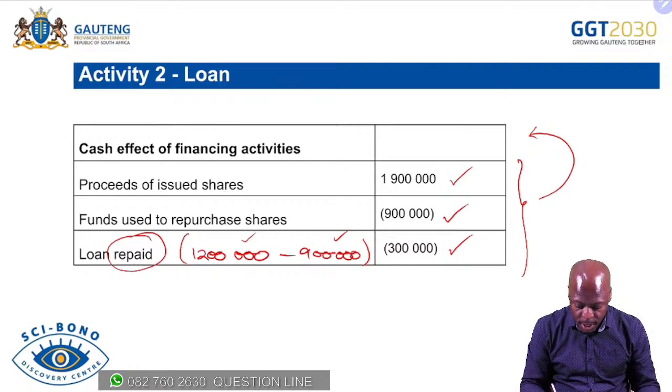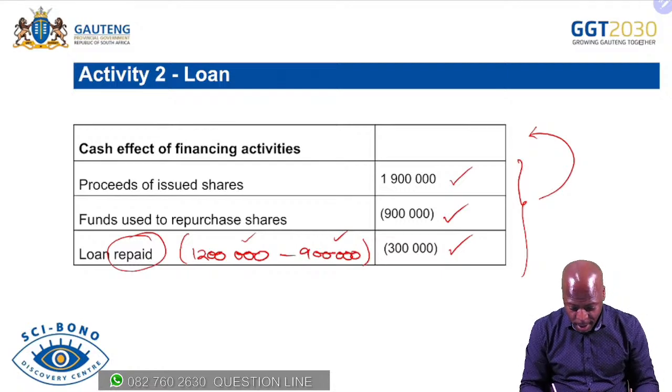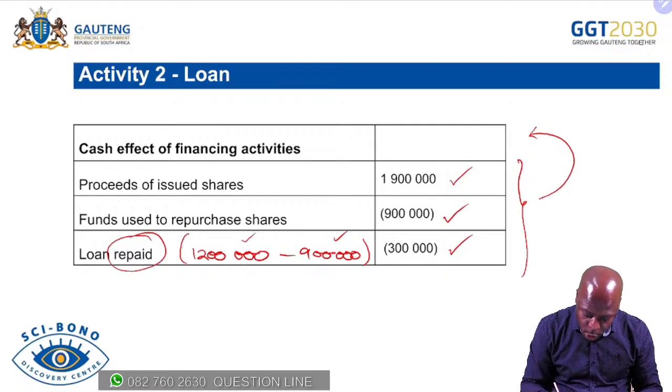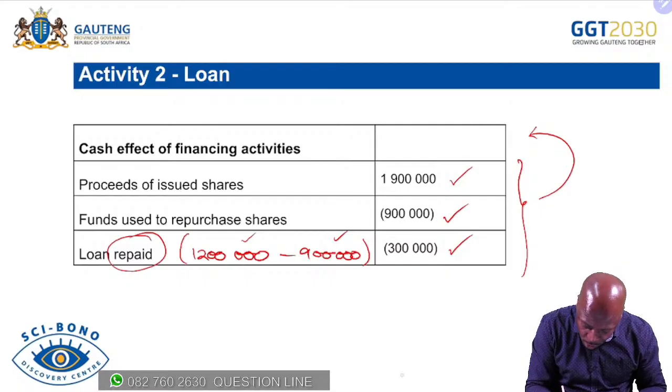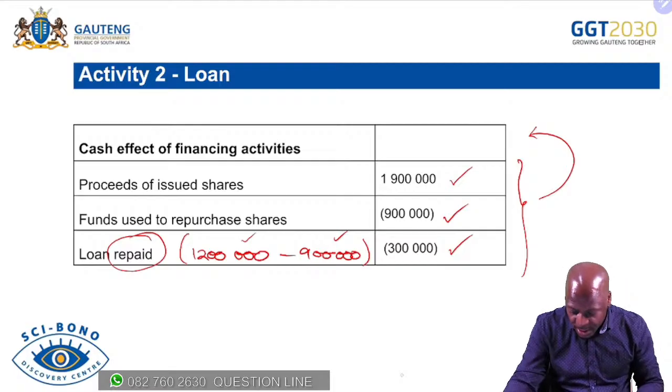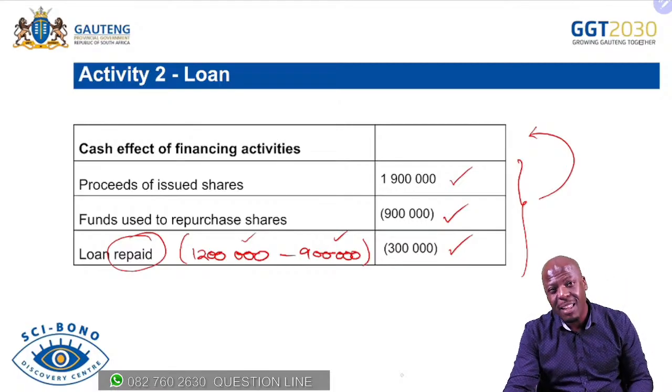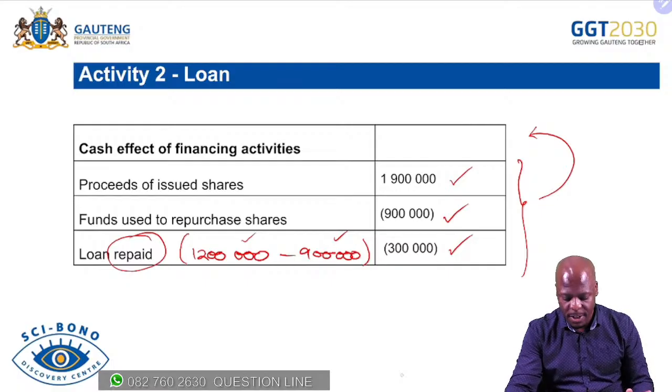So you subtract the 900 and the 300 from the 1.9, and then you should get an amount of 700,000. Okay, very simple.